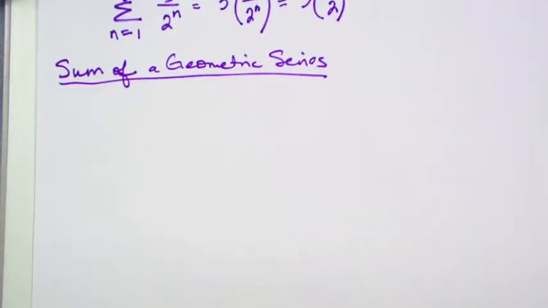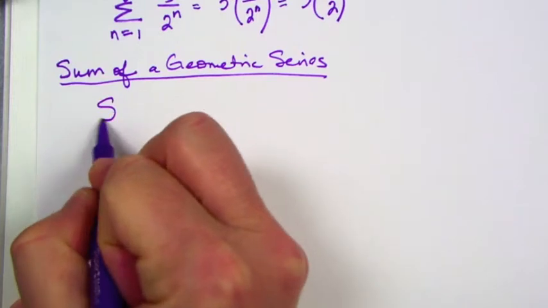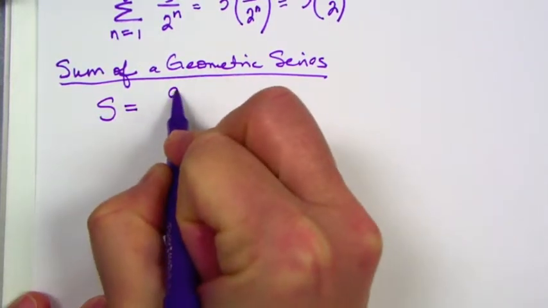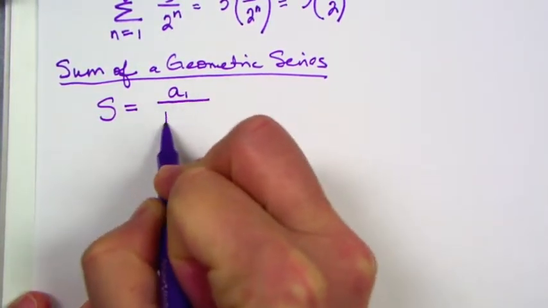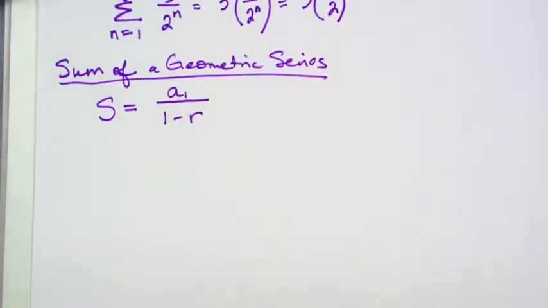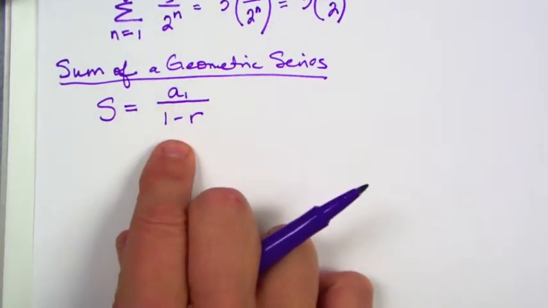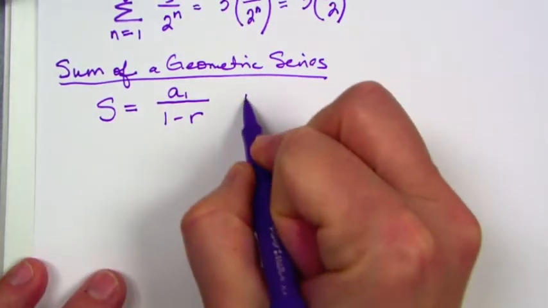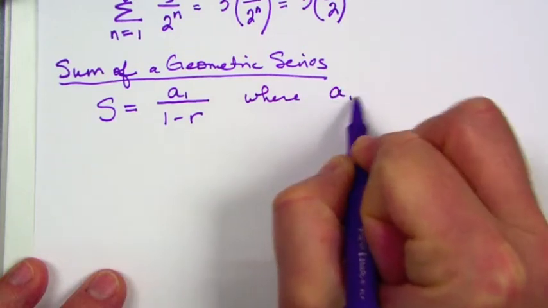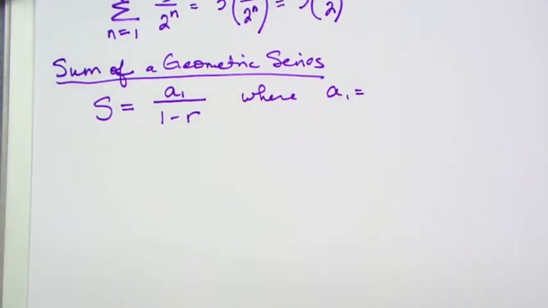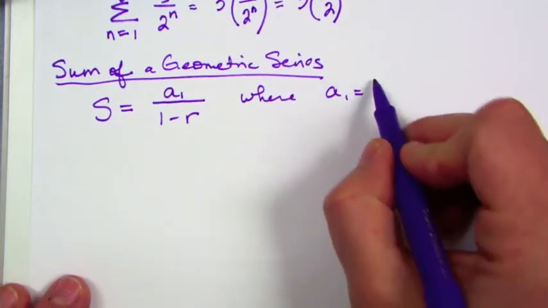Okay, sum of a geometric series. S is equal to a sub 1 over 1 minus r. Does it at least look familiar? Oh, yeah. The sum is equal to a sub 1 over 1 minus r, where, what was a sub 1? I heard somebody say this a while ago. The first term.